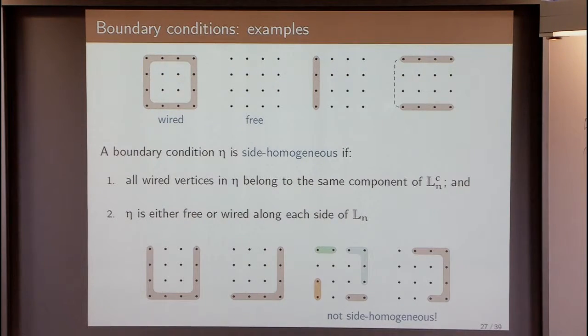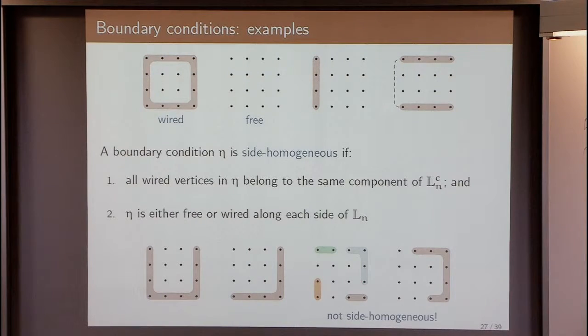So you only have one non-trivial connected component in the boundary. And in addition, the boundary condition is homogeneous across each side. So if two vertices are wired in one side, then the whole side has to be wired. So all of these here are side homogeneous. These two are side homogeneous.